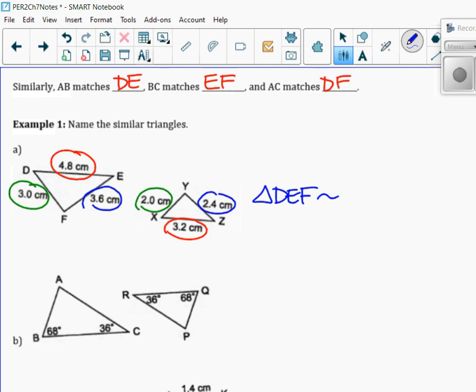But it's going from red to blue. So that means I have to start with, red to blue means I'm going from X, so triangle XZY.